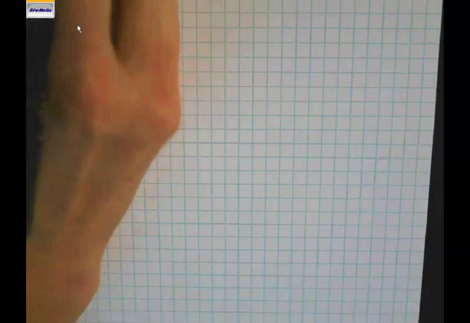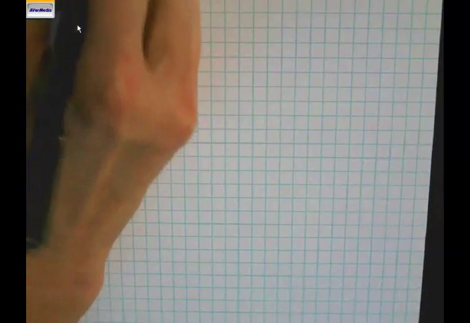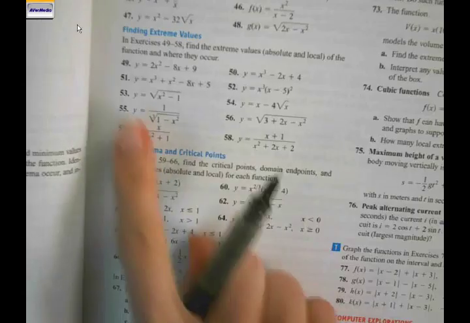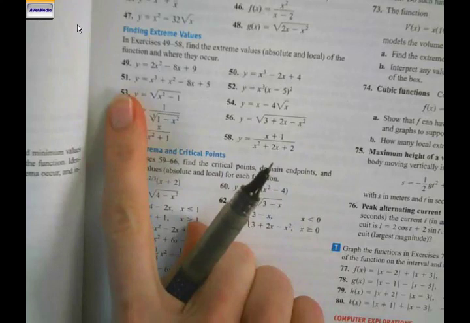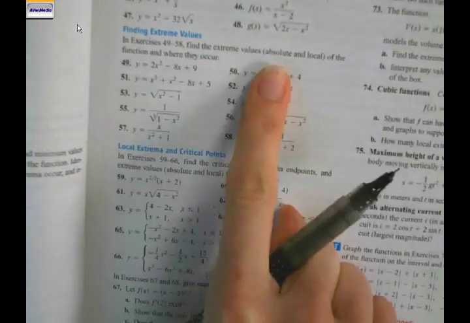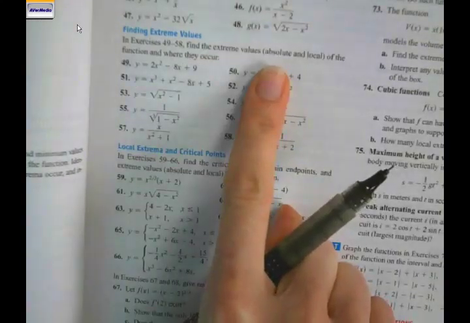I'm going to take this one from the book, number 51 on page 191. The question says, find the extreme values, absolute and local, of the function and where they occur.